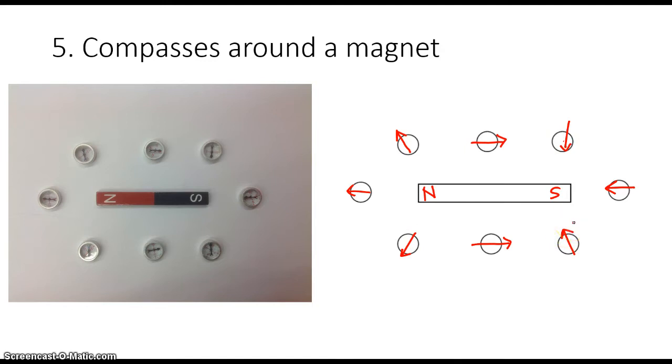That's how the arrows in the compasses around a magnet will point. And what's the reason for this? It is because the area around the magnet is a magnetic field and will exert a force on a magnet, and a compass is a magnet as well. So the compass will behave accordingly, just like the iron filings, as it's in a magnetic field.